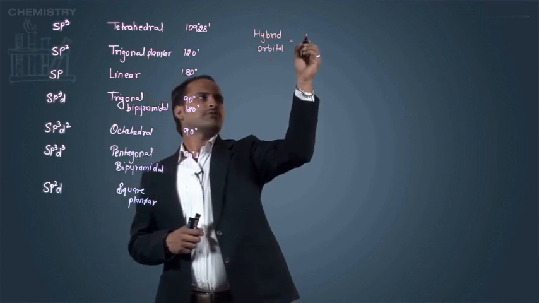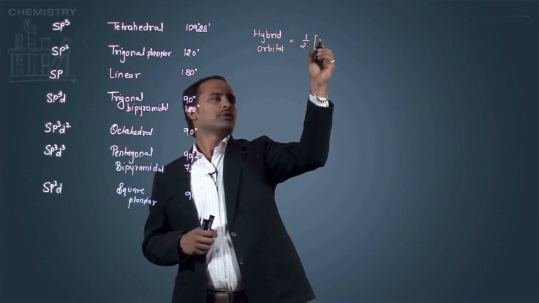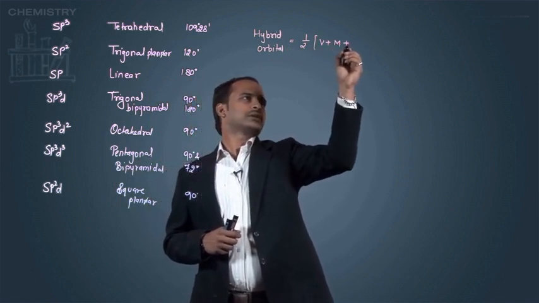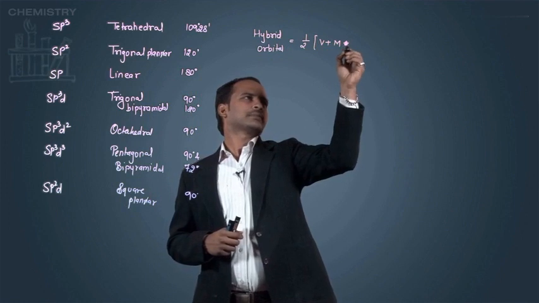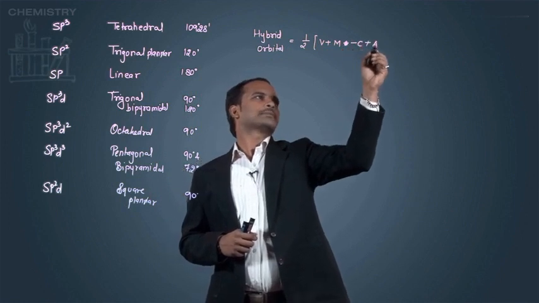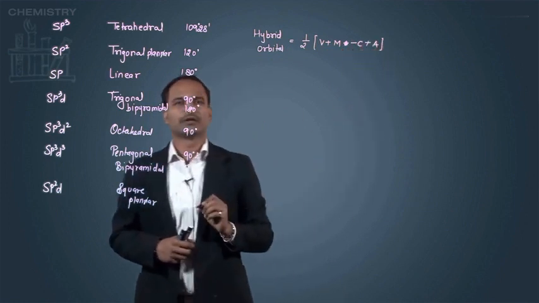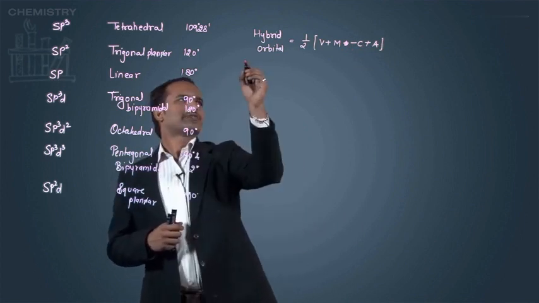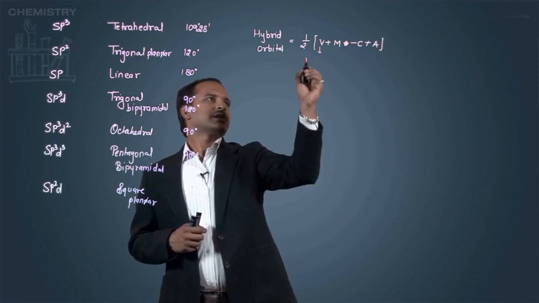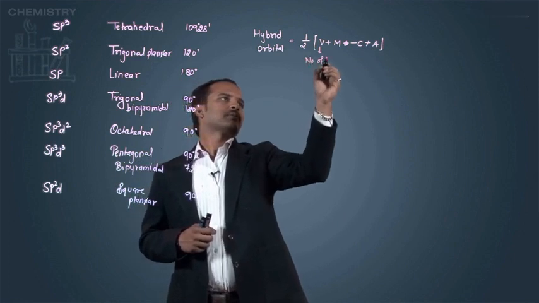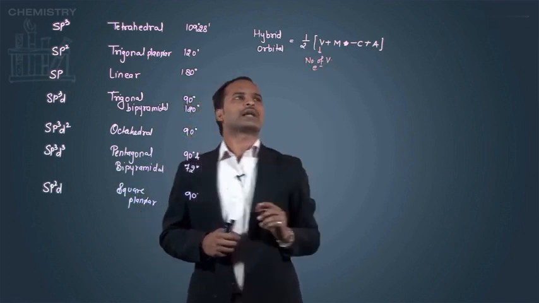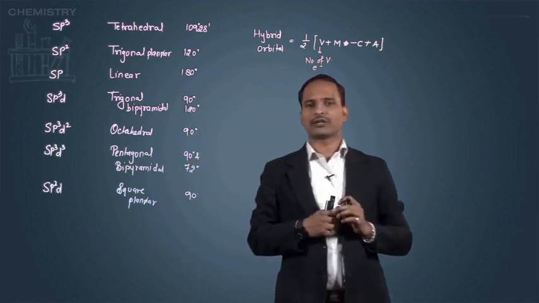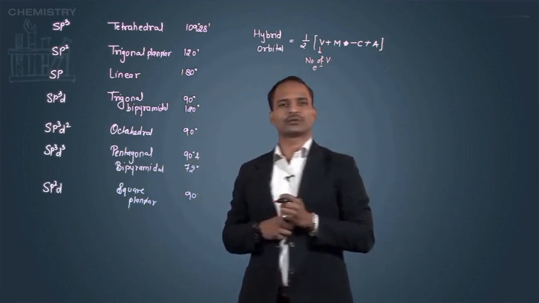the formula we have: half of V plus M minus C plus A. V plus M minus C plus A. Now what is V here? V stands for the number of valence electrons. Whatever calculation we are doing, it is only for the central atom, because the central atom only undergoes hybridization.